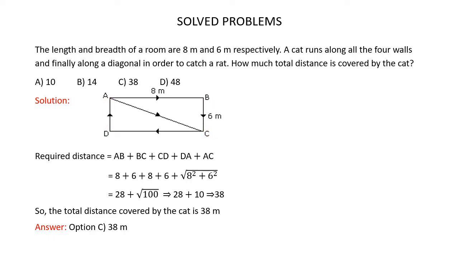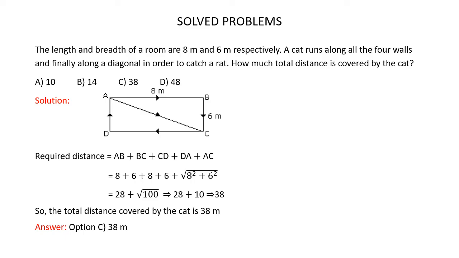Now a cat starts from A and runs along all the four walls and finally along the diagonal in order to catch a rat. Now we are asked to find the total distance covered by the cat. So the required distance is AB plus BC plus CD plus DA plus AC.